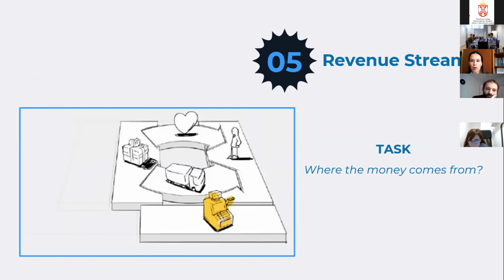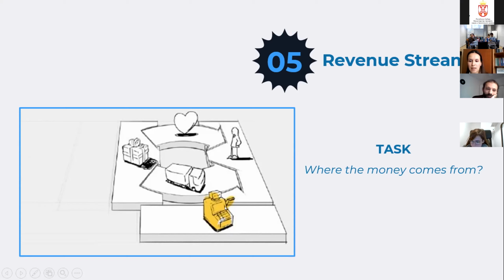We are still on the right side of the business model canvas. We identified our customer segments, defined the value proposition. We chose channels and defined types of relationships that we will establish with each customer segment.